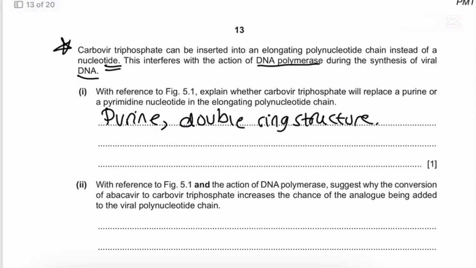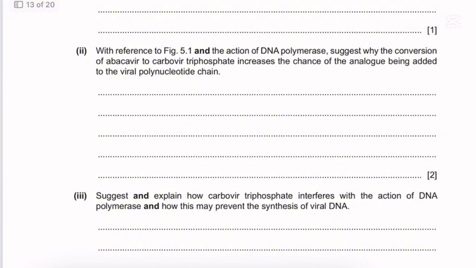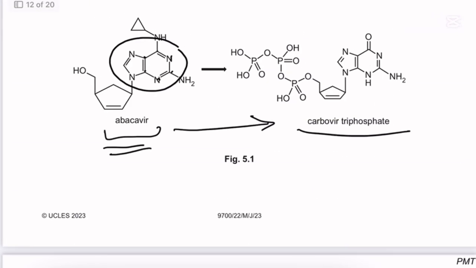This brings me on to part ii. With reference to figure 5.1 and the action of DNA polymerase, suggest why the conversion of this guy to carbovir increases the chance of the analog being added to the viral polynucleotide chain. Okay, let's see. So why is the nucleotide analog, okay, the one that is added, why is the carbovir the one added instead of abacavir?